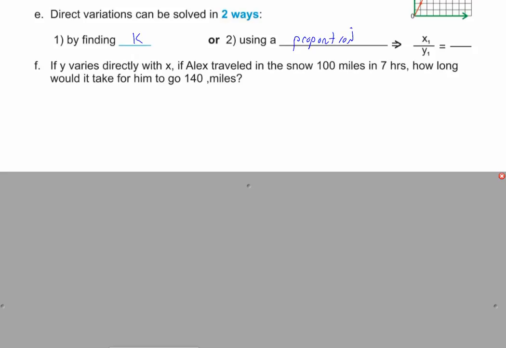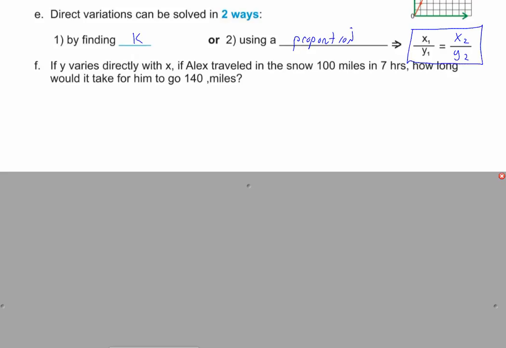By using a proportion. For direct variation, it's x sub 1 divided by y sub 1, or the initial x divided by the initial y, equals x sub 2, or the final x, divided by the final y. That's the proportion.